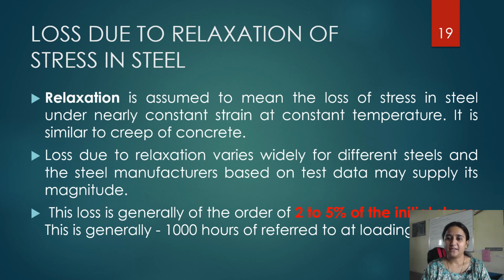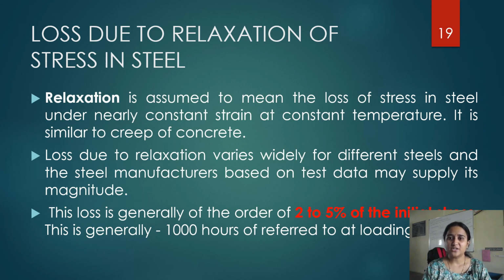Then the final one: loss due to relaxation of stress in steel. Relaxation is assumed to mean the loss of stress in steel under nearly constant strain at a constant temperature. It is similar to creep of concrete.